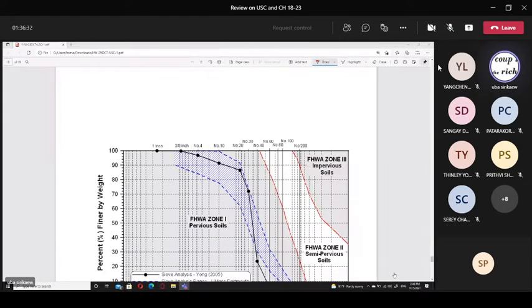Which group wants to present first? Group number 3, do you want to present first?